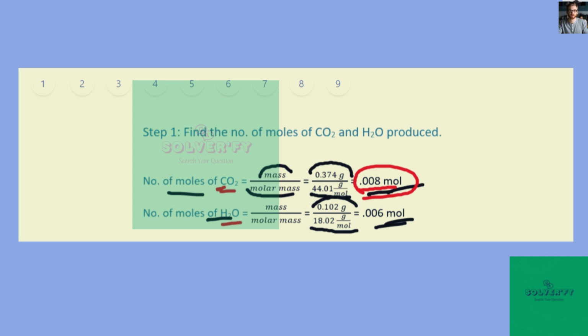In the case of H2O, one molecule of H2O contains two hydrogen. That means one mole of H2O will produce 2 mole of hydrogen, so 0.006 mole of H2O will produce 0.006 times 2 mole of hydrogen.